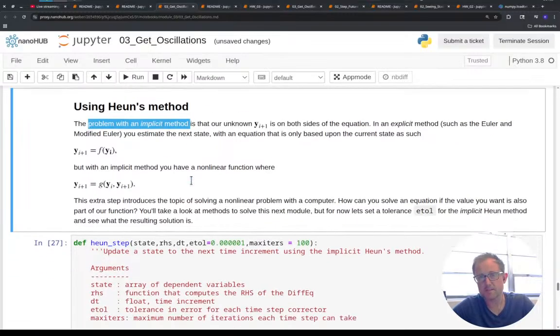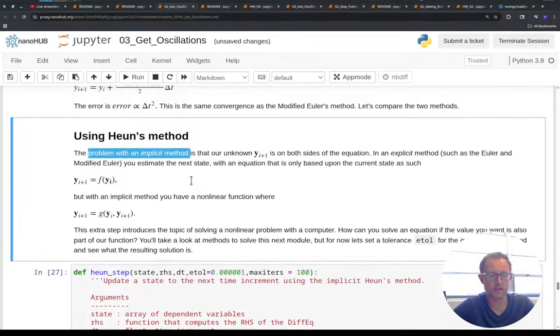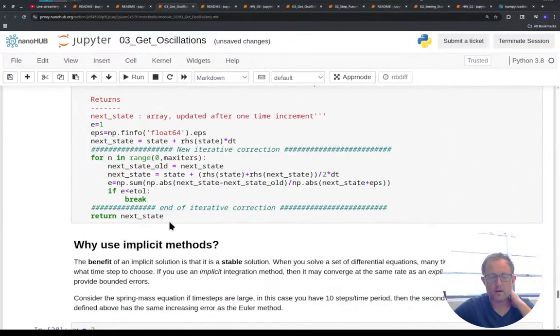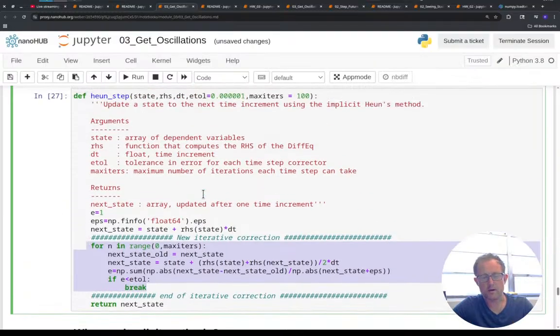There is an explicit Heun step, but in this reading we were looking at the implicit method, where the main thing that makes a method implicit is that there's some kind of iterative check. Here I'm saying I need the error tolerance to be 10 to the negative 6, and I don't want you to use more than 100 function evaluations during the check.